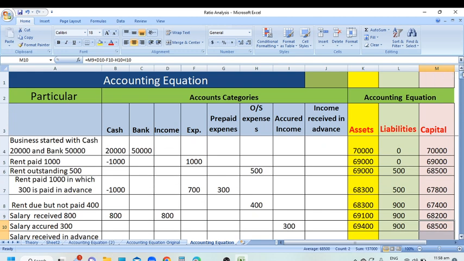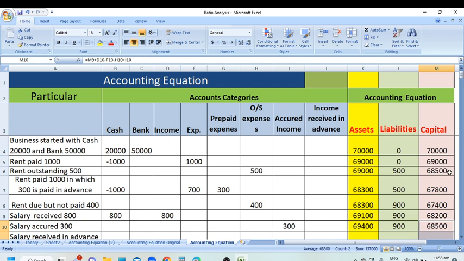So I'll recap a little bit. Business started 20,000 and 50,000. The capital 70,000, 70,000. Rent paid will deduct the cash, minus here, will affect cash, and it is an expense, therefore it will affect capital as well. Outstanding means the liabilities.